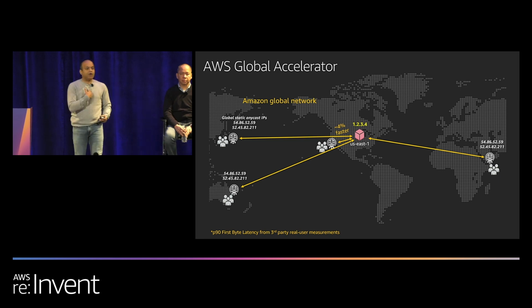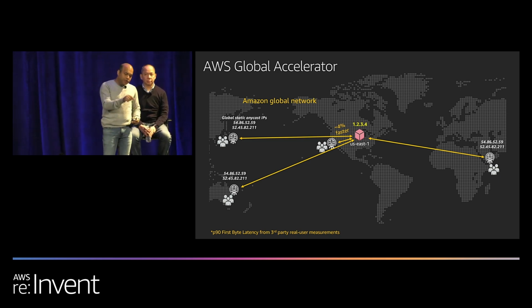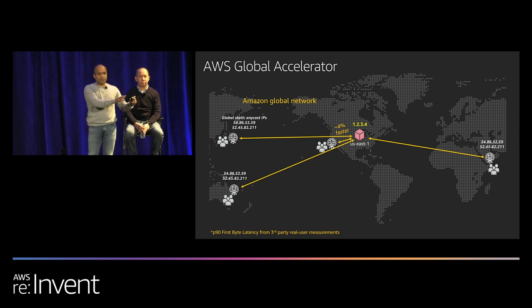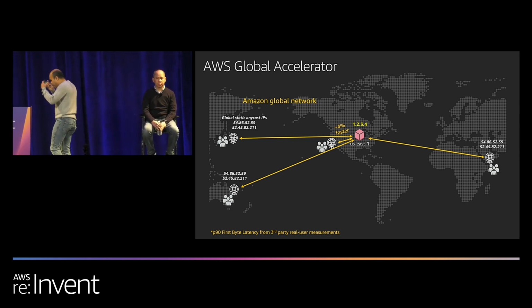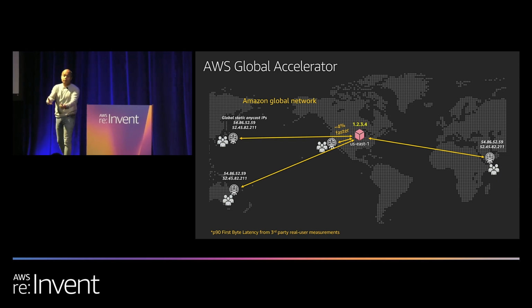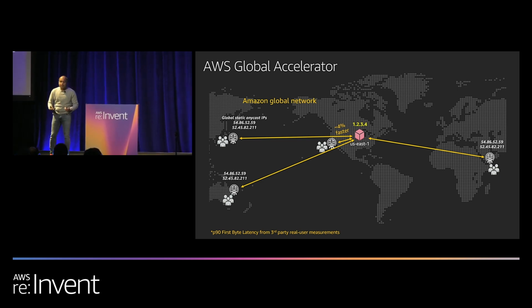It enters our global backbone via the closest edge POP location to your branch device, irrespective of where your branch is located. What we are essentially doing here is bringing the AWS global backbone to your neighborhood. That is the power of Global Accelerator.